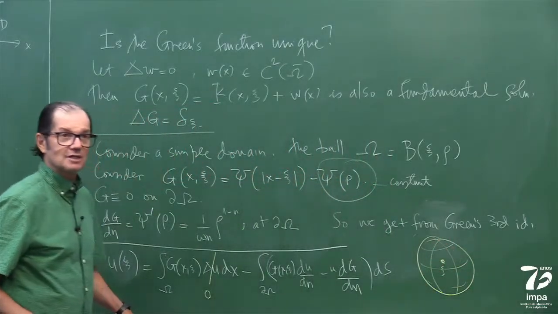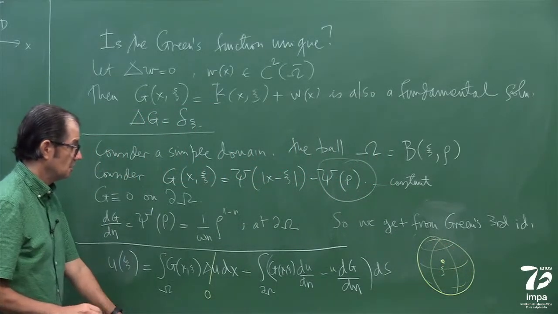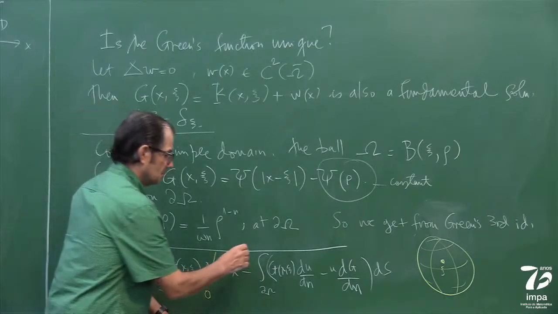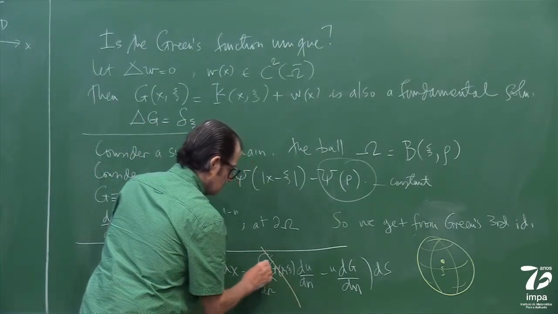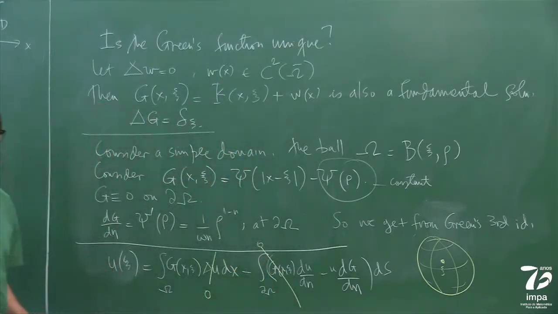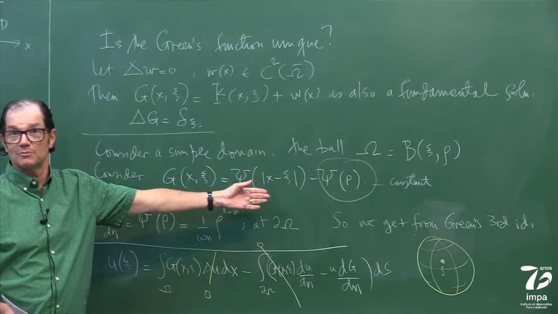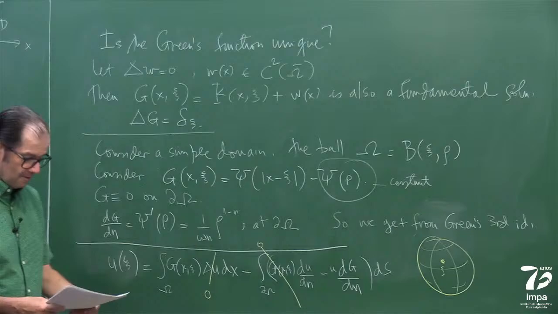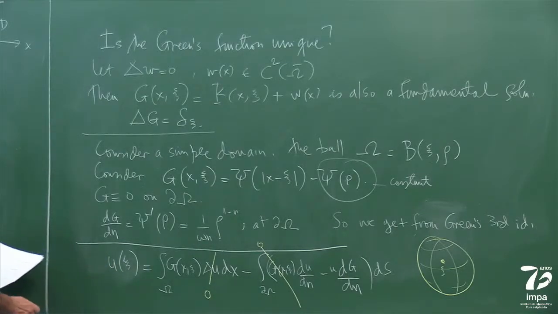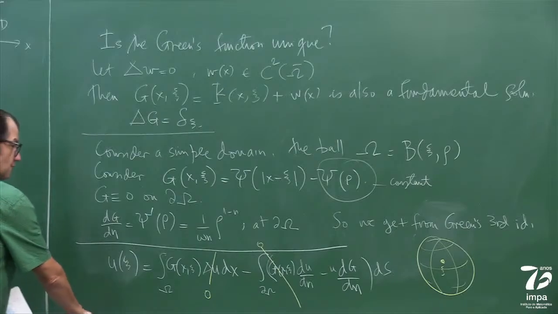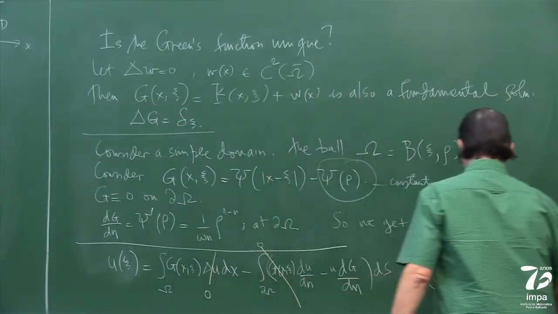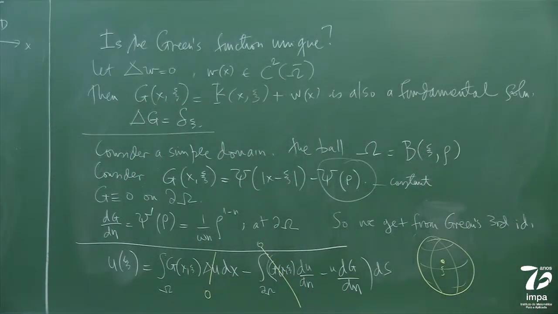If it's centered at that ball, g at the border is also 0 by construction, by this super, super simple construction. Okay? So therefore, unfortunately I have to go to the next board, but it's important because I have to write a title. We get a very nice expression.